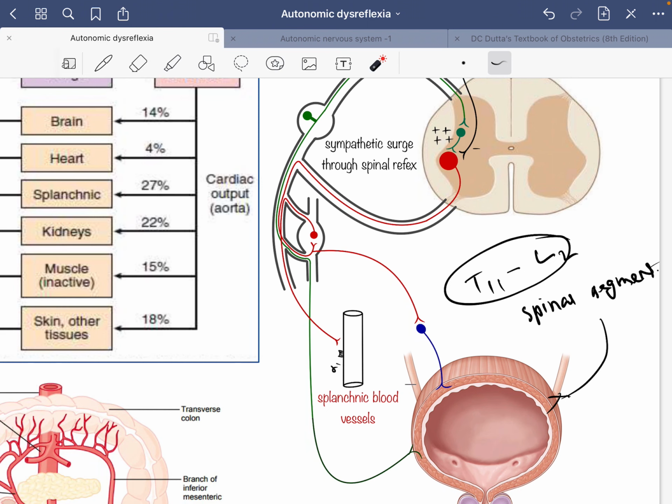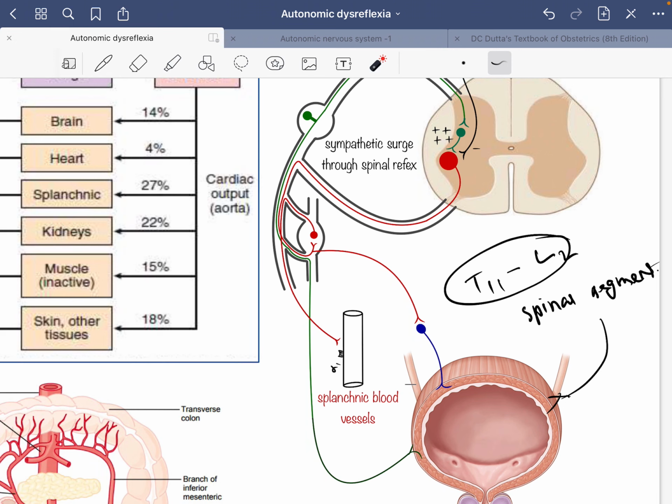So suprarenal glands then start to release epinephrine in your circulation, which is also a vasoconstrictor substance. That's why it also does vasoconstriction of your whole circulation, and your overall blood pressure tends to rise.